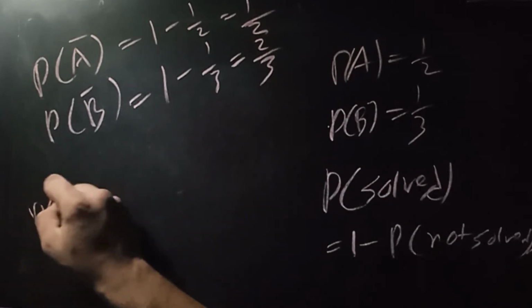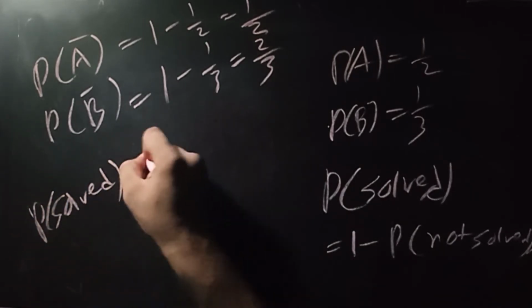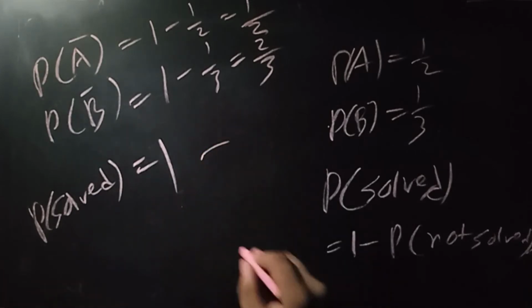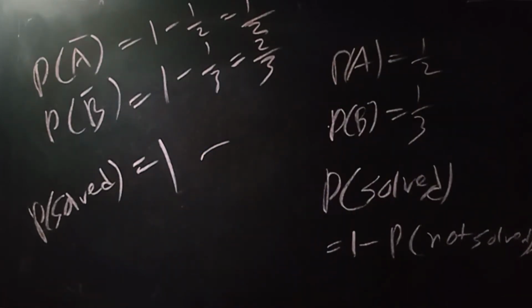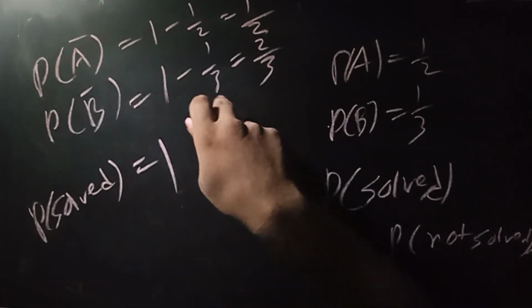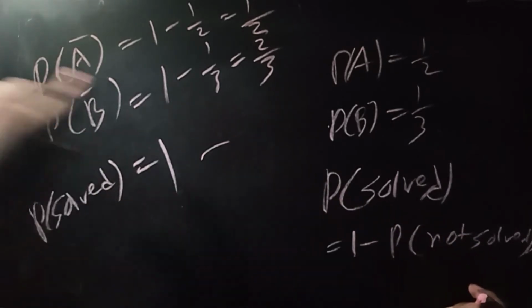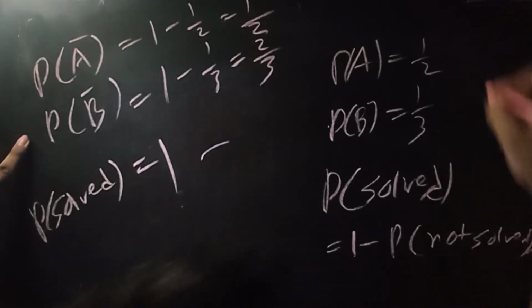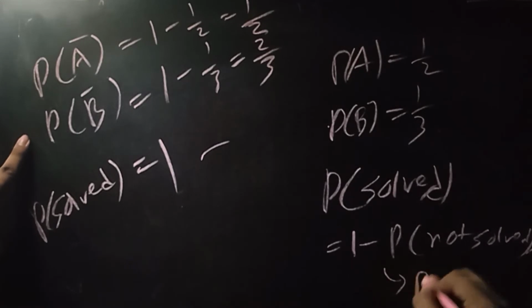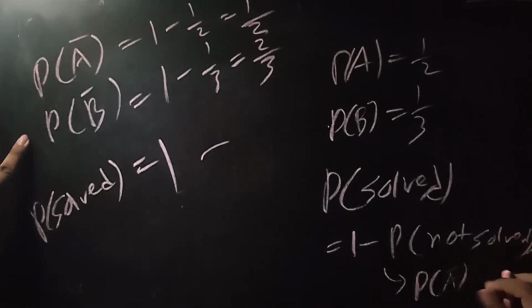So P solved is equal to 1 minus P of not solved. P of not solved is when A is also not solved, so P of A bar into P of B bar.